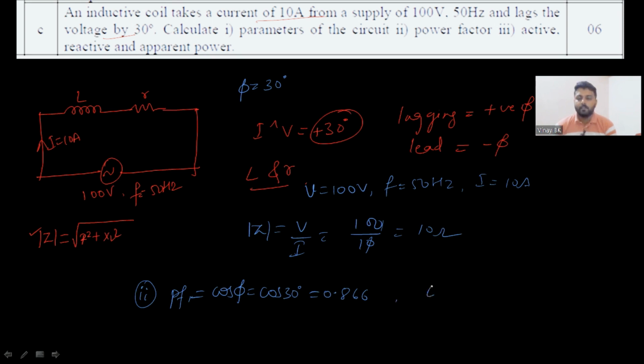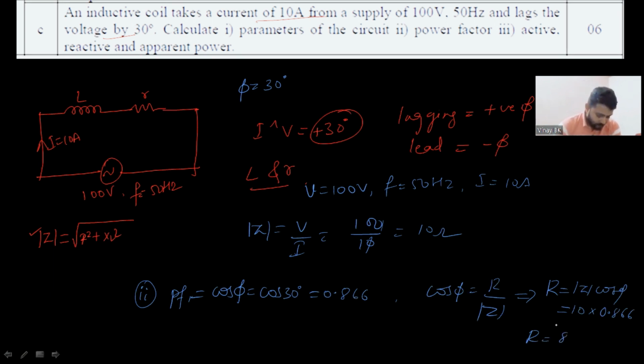Because you know that cos phi is given by R divided by the magnitude of Z. You know cos phi and the magnitude of Z, so you can get the value of R. R equals Z into cos phi, whereas Z is 10 and cos phi is 0.866. So you get R equals 8.66 ohm. If you get the value of R, you can get the value of XL now, and with the help of XL, you get the value of L.